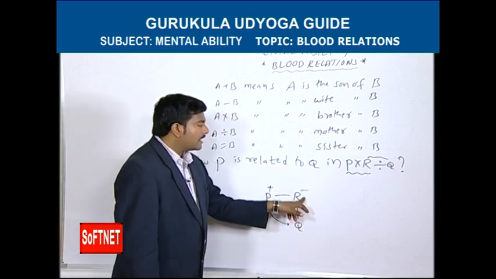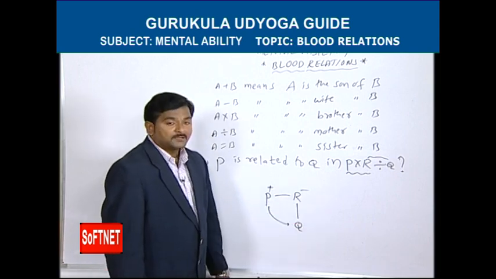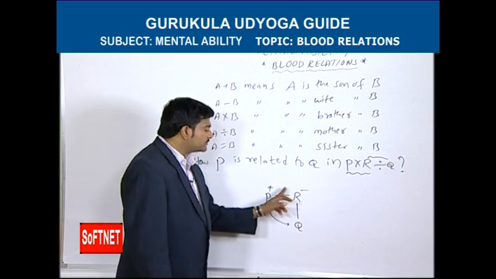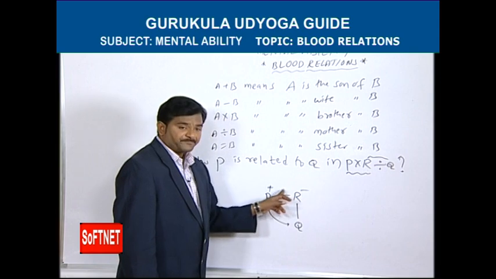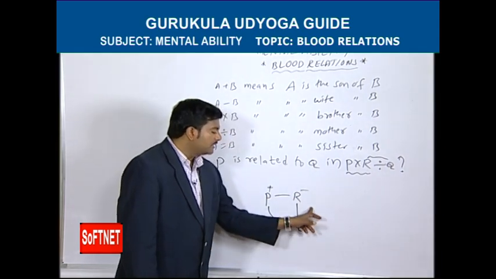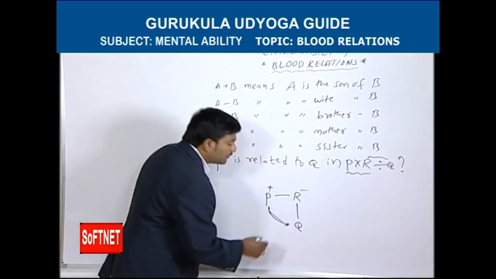So R is the mother of Q, and R is female. Indirectly, P and R are brother and sister. So Q is the child of R. The question is how P is related to Q.